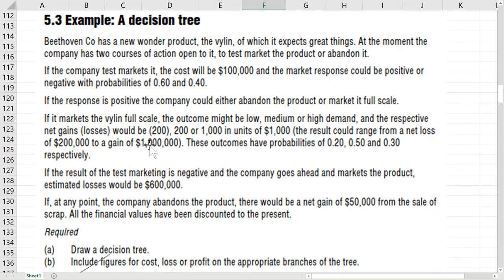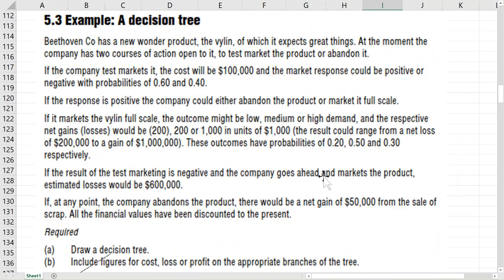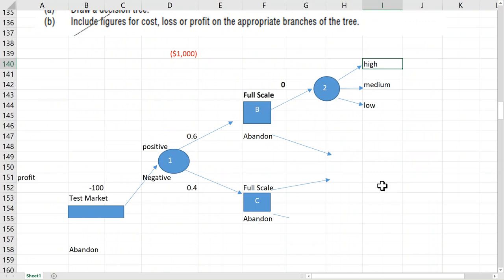If it markets the violin full scale, the outcome might be low, medium, or high. So we could have low, medium, high demand. So this is an outcome. And the respective net gains or losses would be 200 loss all the way to 1 million, with probabilities of 20%, 50%, and 30%.